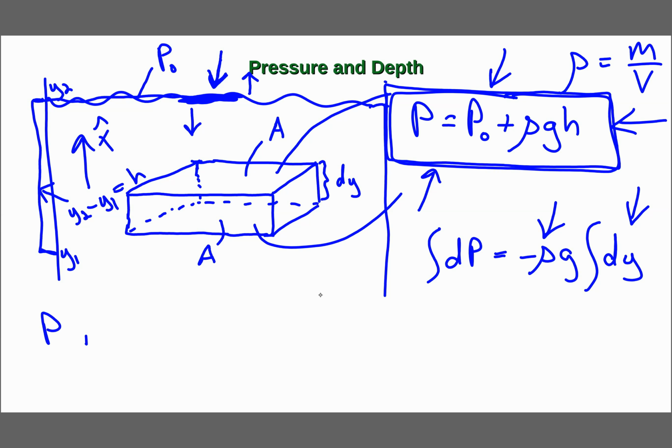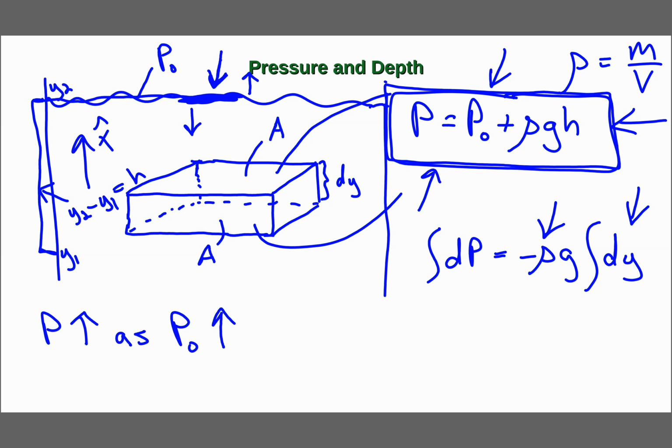So P goes up as P naught goes up, right? We can look at this just like we do our sanity checks for our problems, all right? This is called Pascal's principle, okay? Pressure applied to a fluid is transmitted undiminished to every part of the fluid and to the walls of the container. Okay?